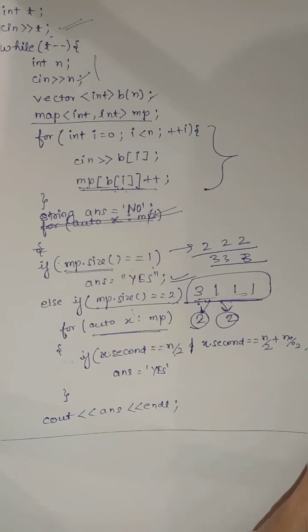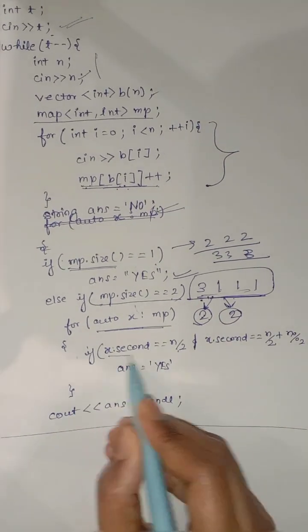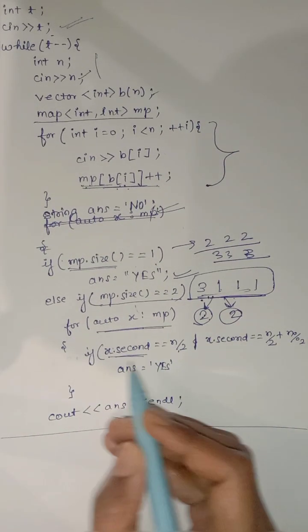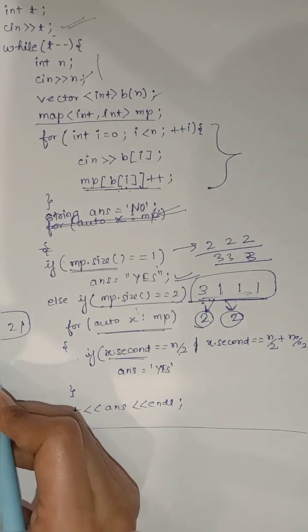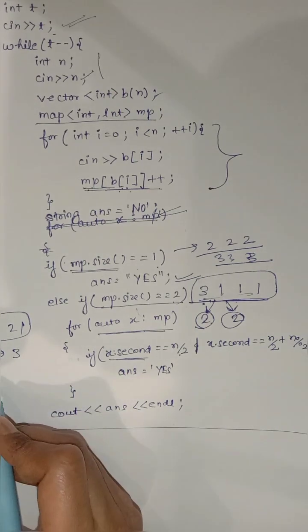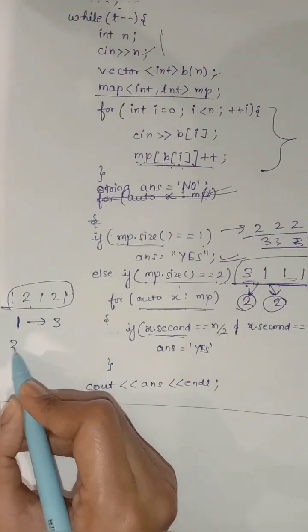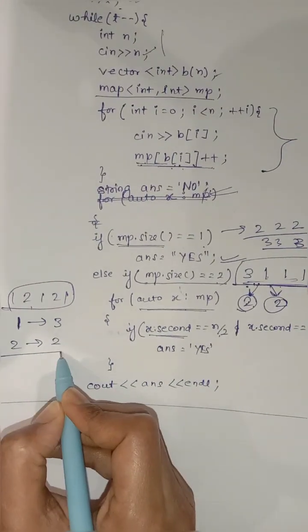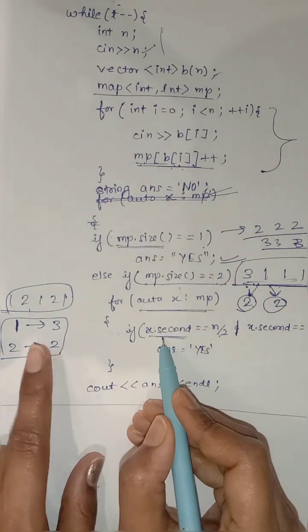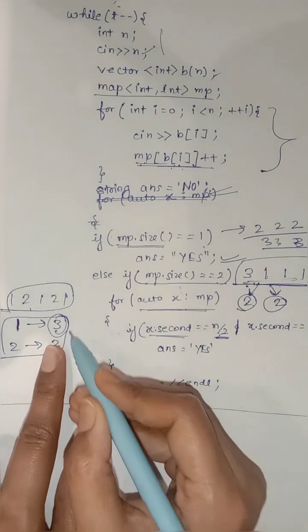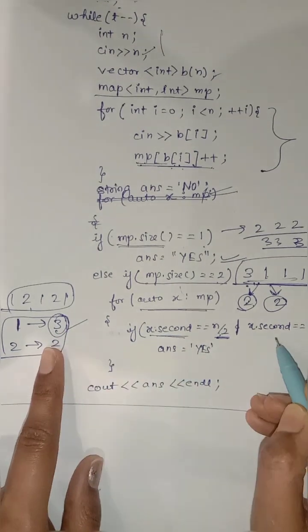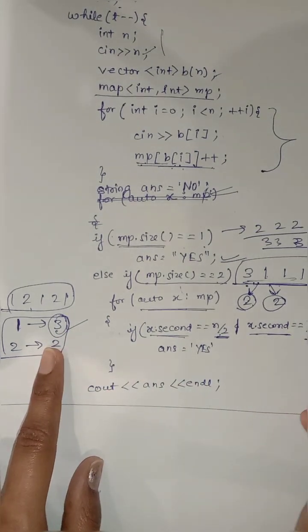Let's say x dot second is the value, and I have this array 1 2 1 2 1. So the frequency of 1 is stored as 3, and the frequency of 2 is stored as 2 here. When we check for x dot second, that is 3, is 3 equal to n by 2 here? No. Is 3 equal to n by 2 plus n mod 2?